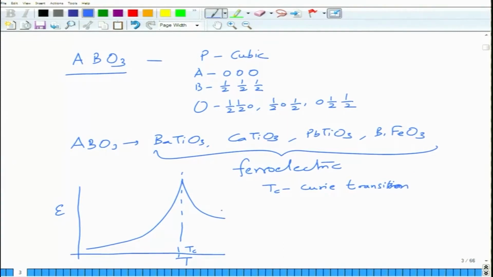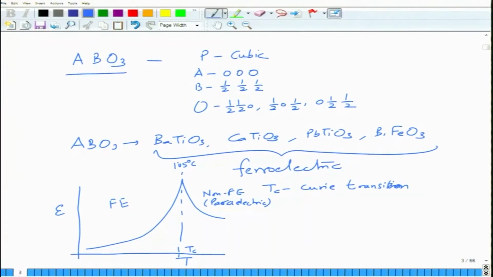In this diagram, below Tc these materials are in the ferroelectric state, and above Tc they are in the non-ferroelectric, that is, paraelectric state. For example, in barium titanate this happens at about 105 degrees centigrade or so, I can't exactly remember, it is above 100, between 100 and 120.